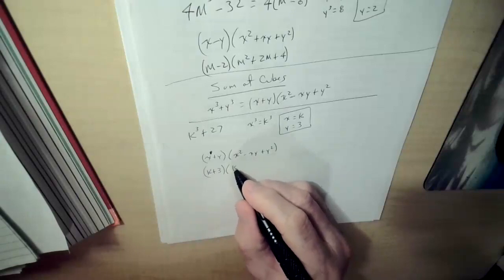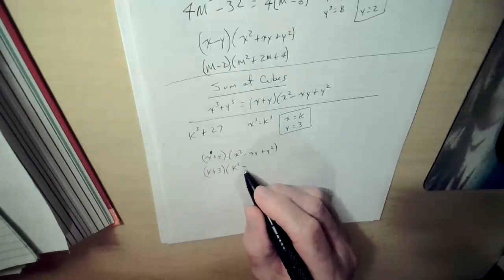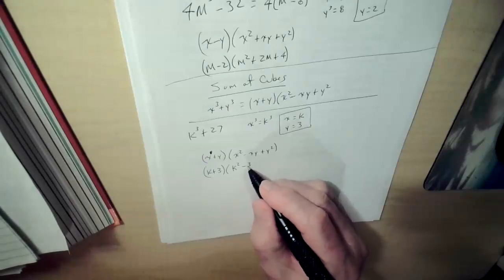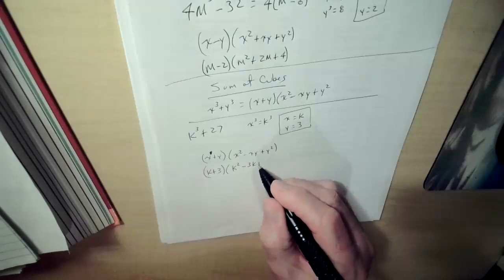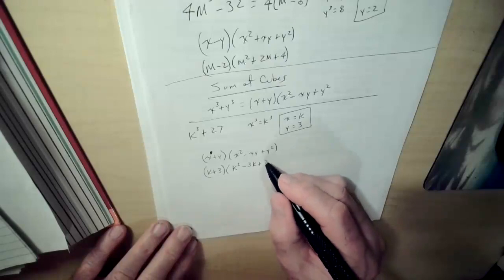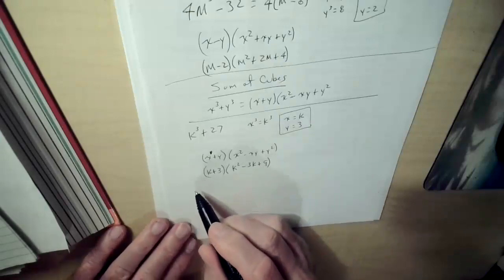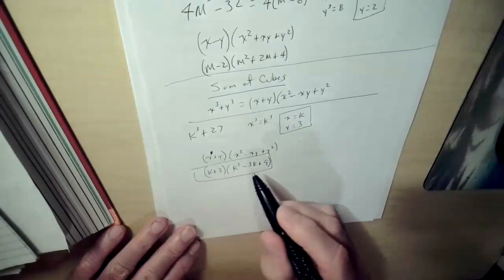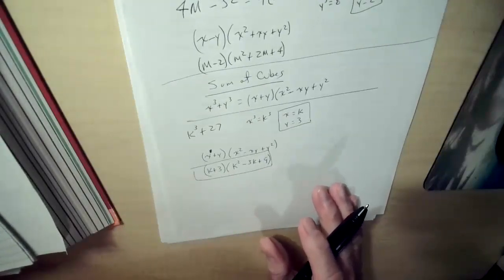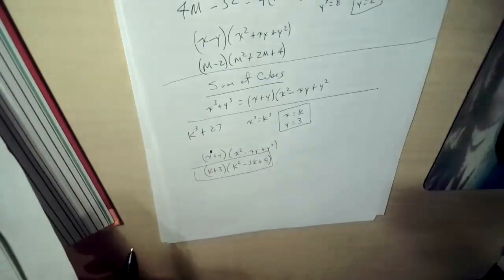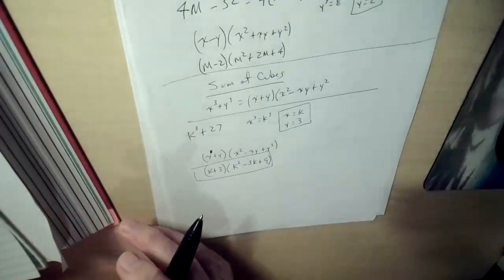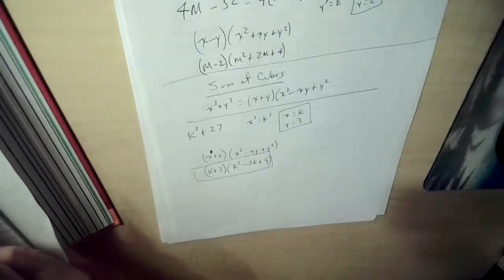Wherever there's an x, we're going to plug in k. We get k plus, and wherever there's a y, we're going to plug in 3. K plus 3, x squared, that's going to be k squared, minus xy, which is 3k, and y squared, which is 9. See, those aren't too terribly bad now, are they?